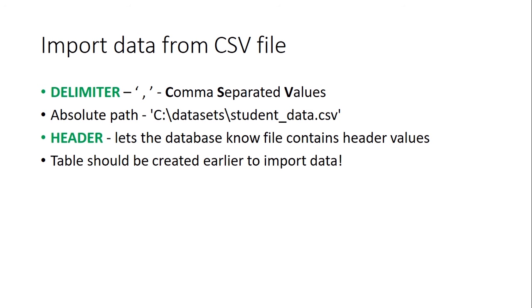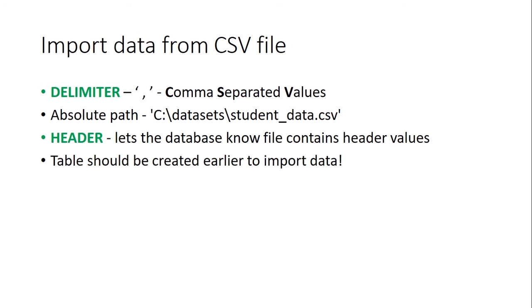In this case, the comma is called a delimiter, and we can specify the delimiter, which means we can use any other symbol instead of a comma if we want. And we need to specify the absolute path, which is the path to where our CSV file lies in our computer. And we need to specify the header keyword so the database knows that our CSV file has header values.